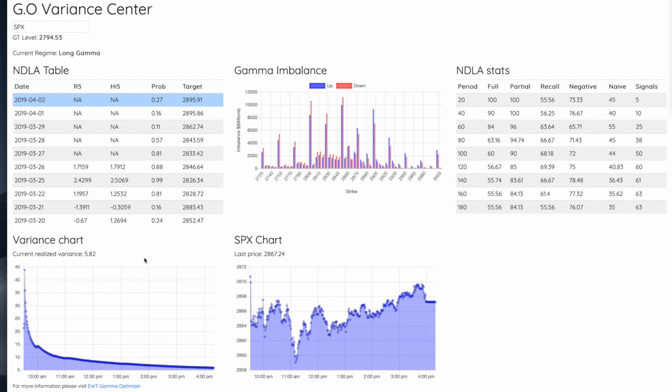So keep an eye on this, and also on the GT level. So if we see realized variance going higher and the market dropping towards 2,794 and about to flip negative, that means that's it. The floor is about to break and we are going to fall. But right now we are in a good position.